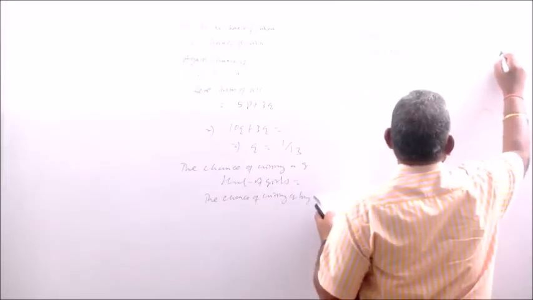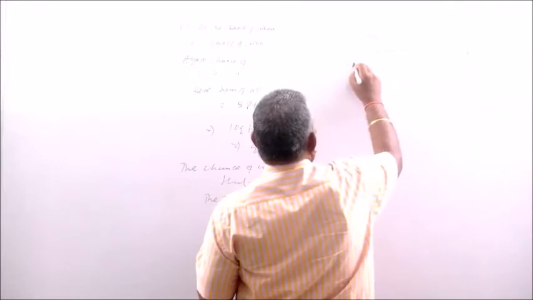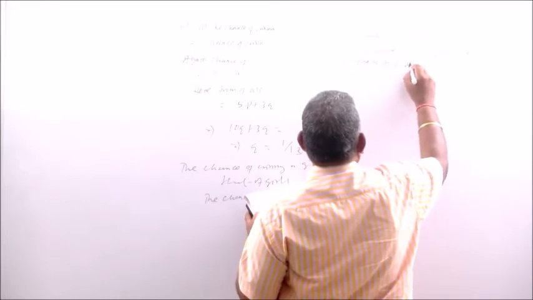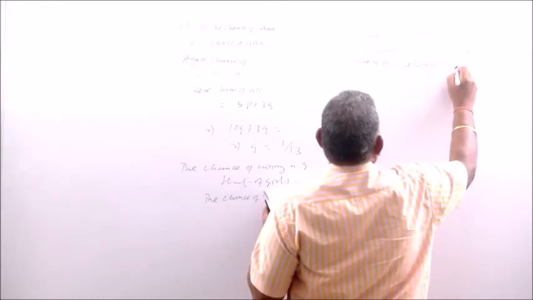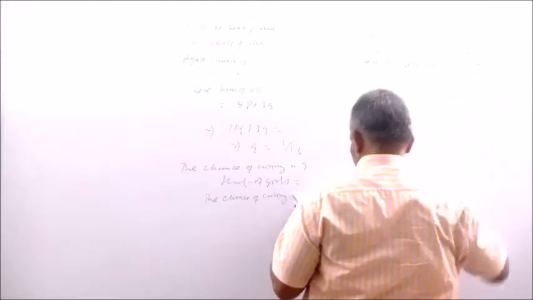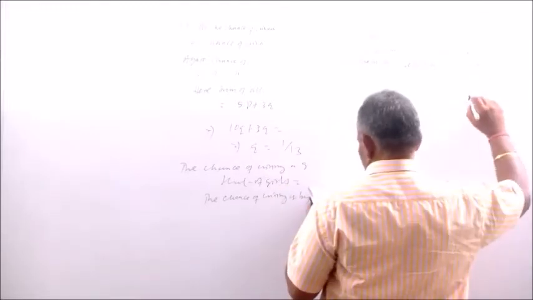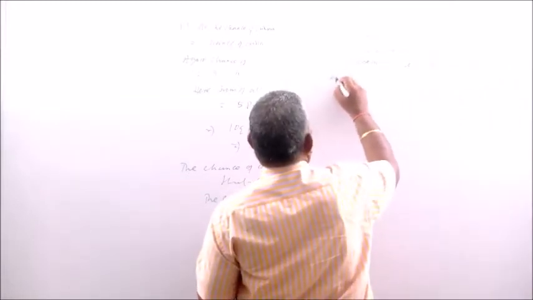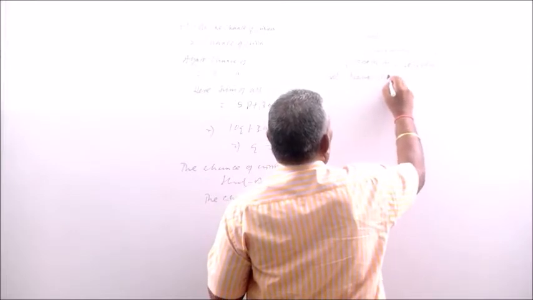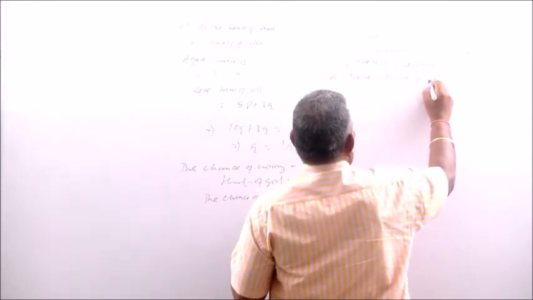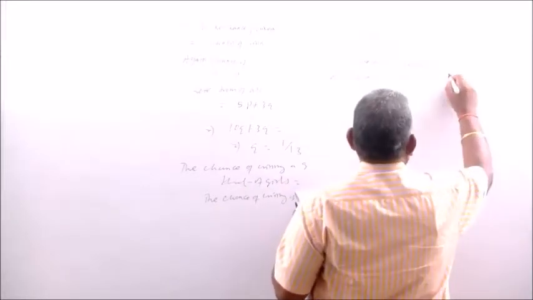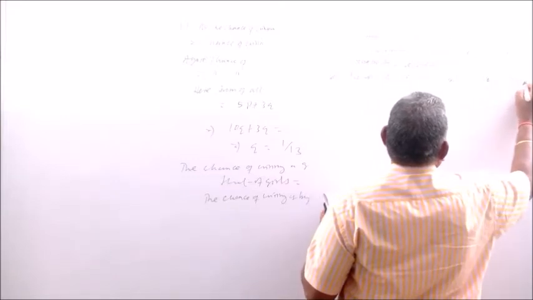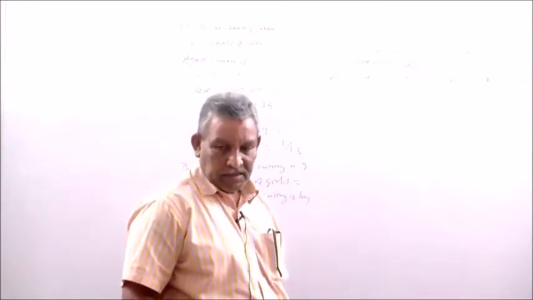Find the probability of selecting 2 white balls if the first ball drawn is not replaced before drawing the second. Here this not replaced is an important word.